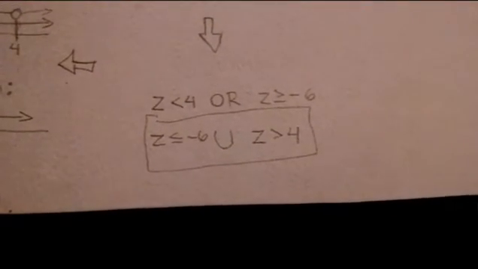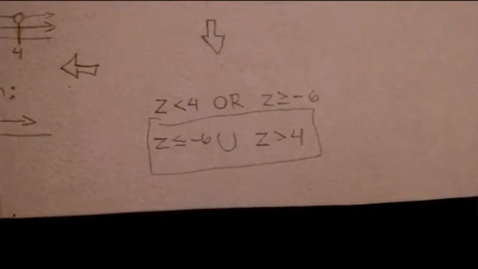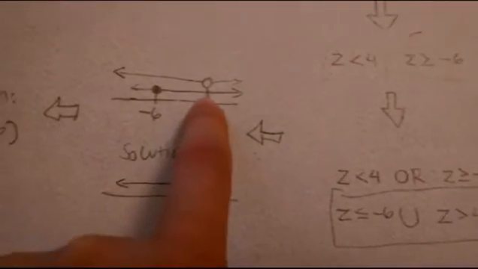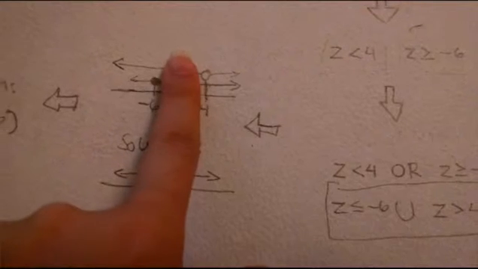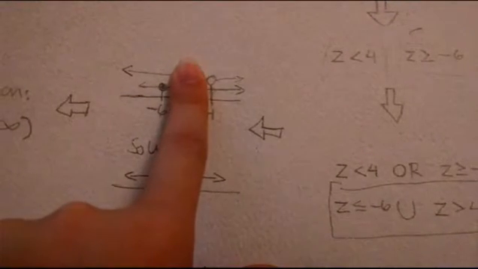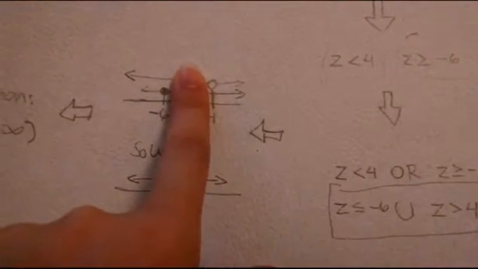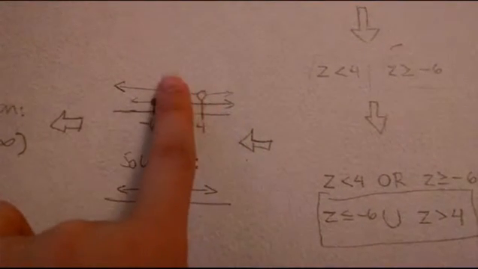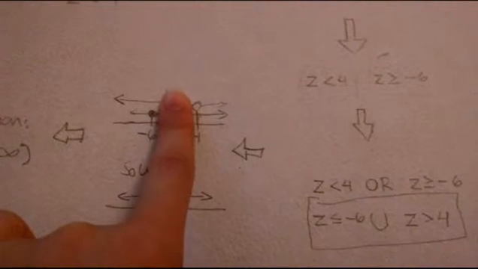One last thing you need to know about inequalities using OR is that if you had a number line where you did not have anything in between, it would be both answers are right, both our answers are valid.